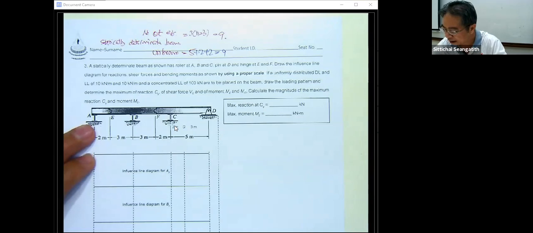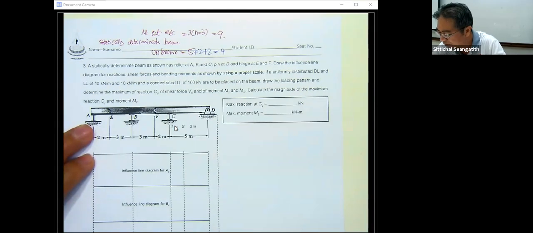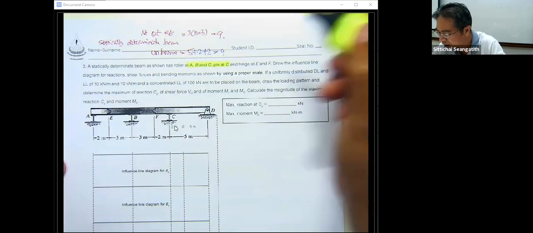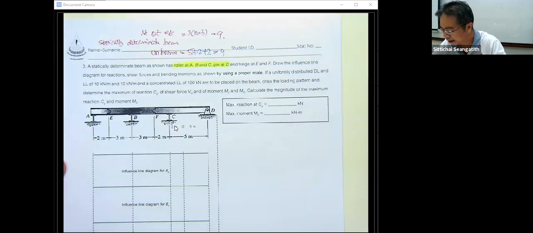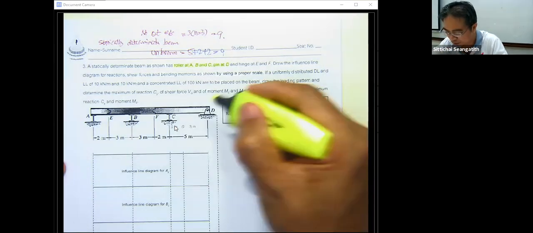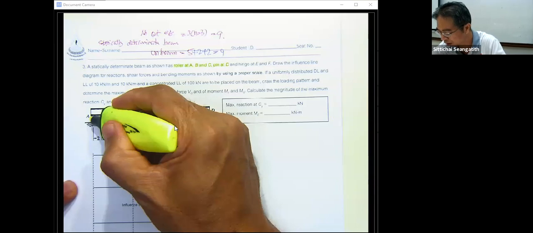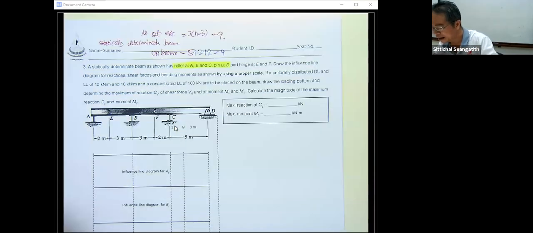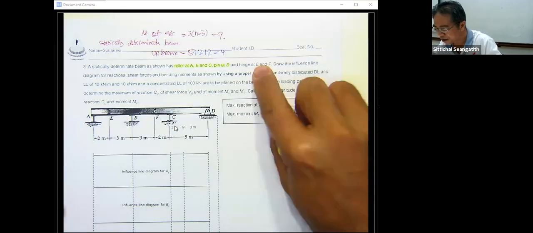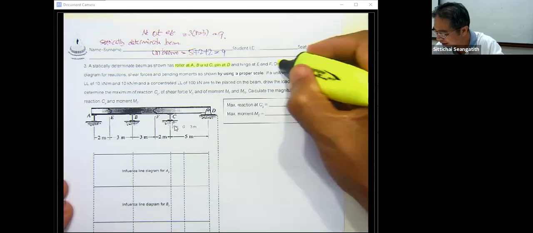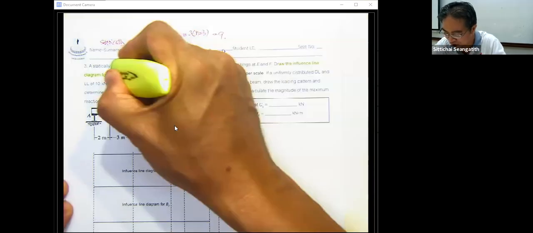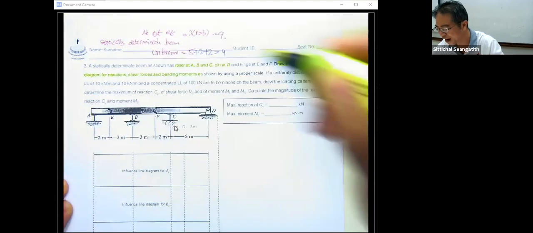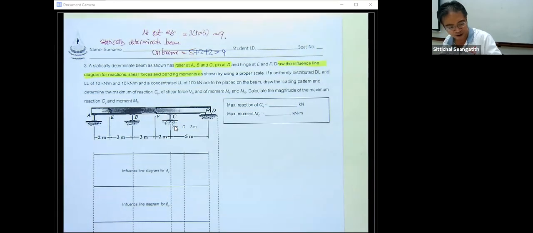And it says ABC is the roller and D is the pin. Okay, this is the roller pin. And hinges at E and F. Draw the influence line diagram of the reaction, the shear and the bending moment by using a proper scale.